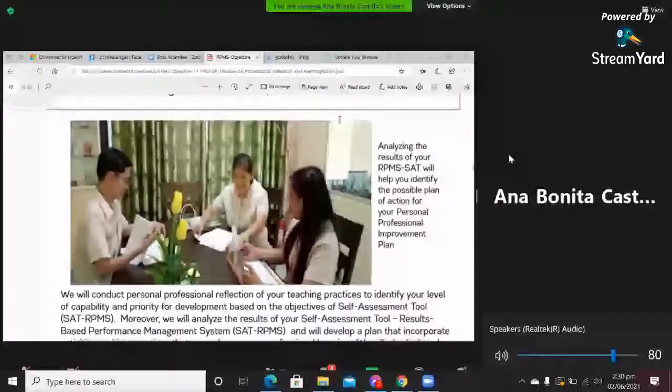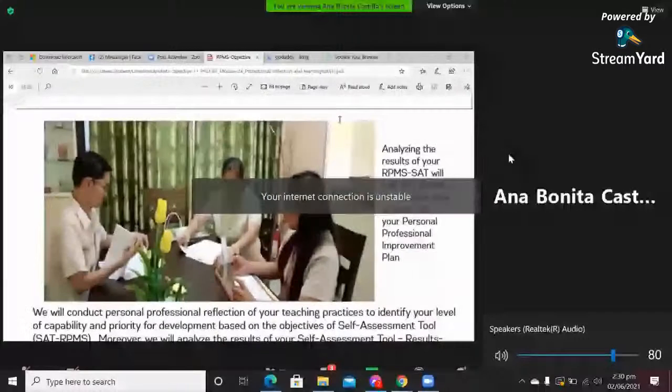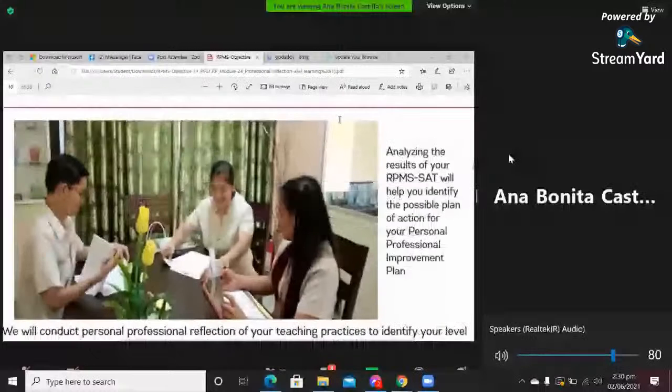Dito papasok yung mga plano natin sa ating RPMS, para malaman natin ang mga pangangailangan o nagamit natin ang ating mga plano na ginawa natin before, na na-achieve ba natin ang lahat, no? Dito sa picture na ito. Okay.